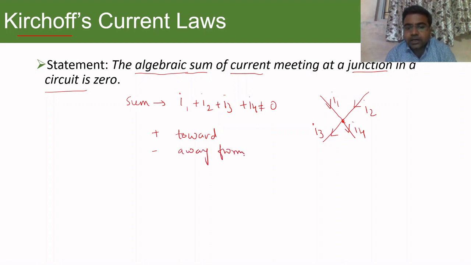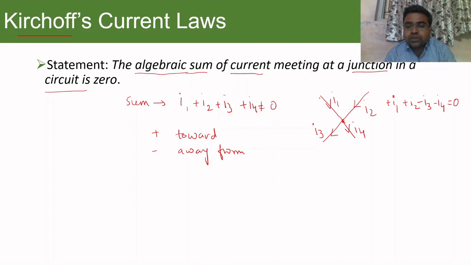If I apply this law, I need to take the algebraic sum, which means I have to consider sign also while taking the sum. For I1 this current is toward the junction, so I will assign plus I1. Similarly for I2 plus I2, and for the rest of the currents, I3 and I4, I will assign minus I3 and minus I4, and if I take the sum, this will become 0.